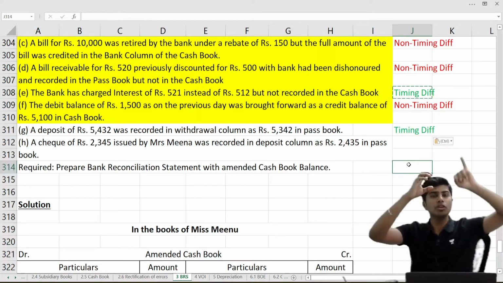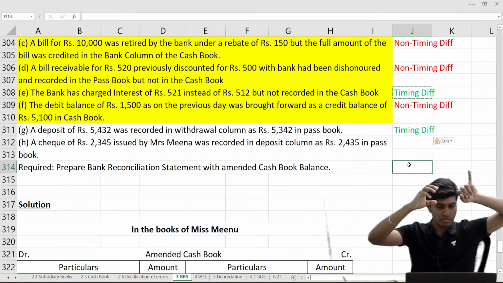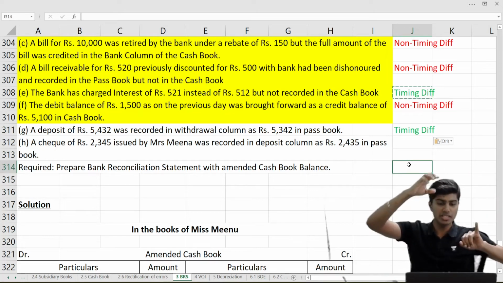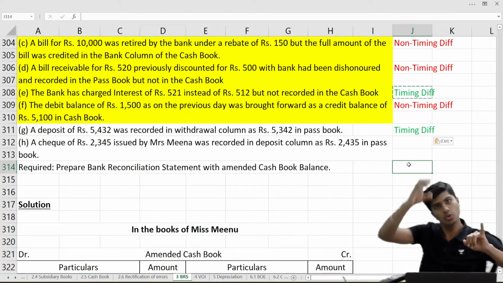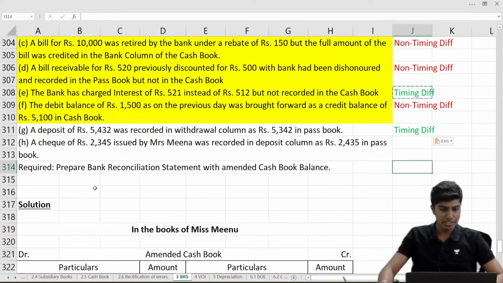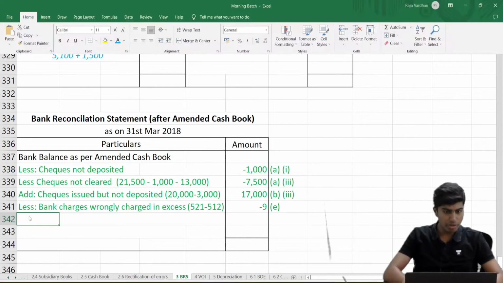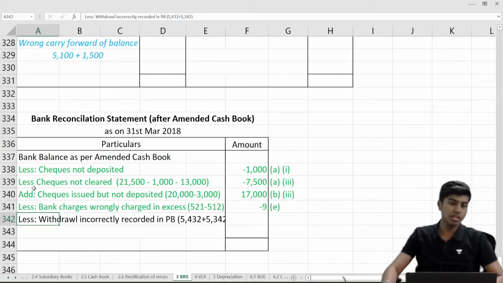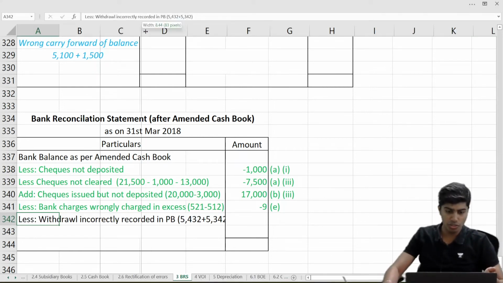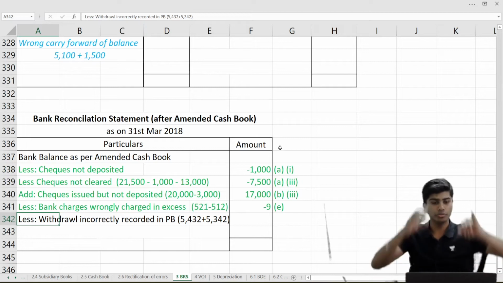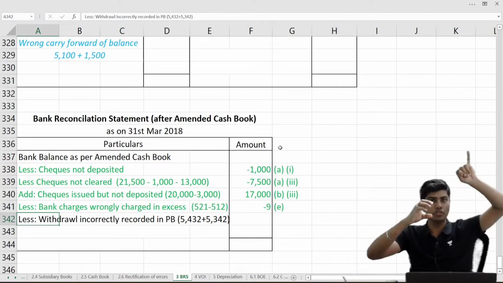Do you agree with me? So passbook balance has gone down. Where are we making changes? Cash book. What do we do? Decrease. Shall we decrease it? Yeah. Chalo, let's decrease it. By what amount? Double the amount, meaning basically not the same amount: 5432 plus 5342. It was supposed to go up by 5432.